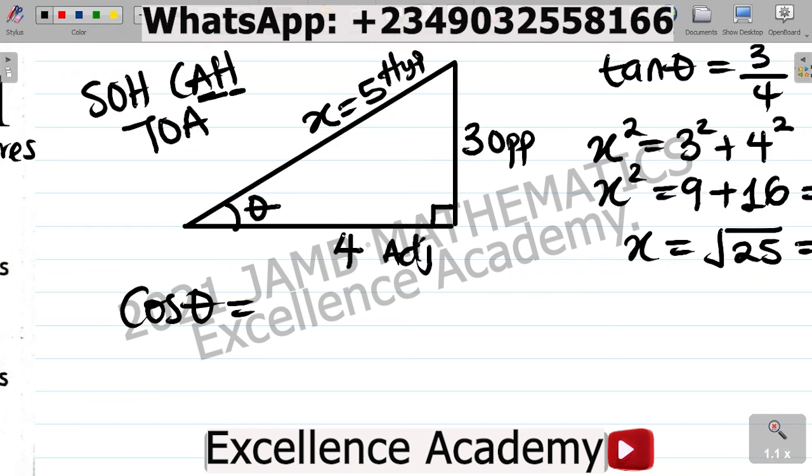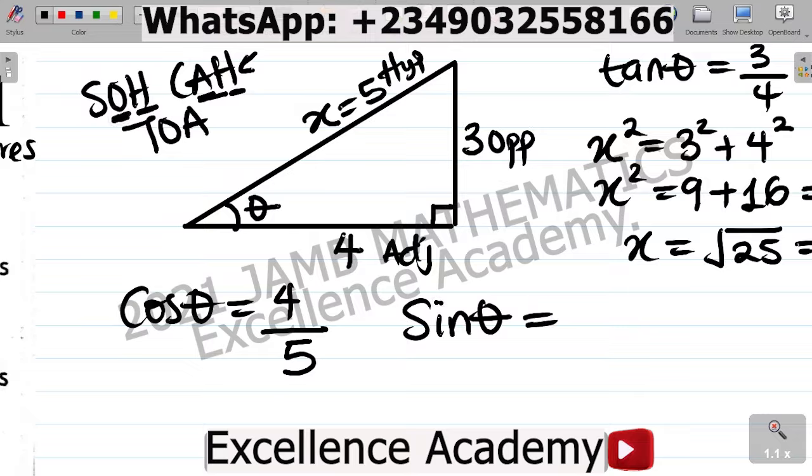So the adjacent value there is 4, becomes 4 all over hypotenuse, whose value is 5. So 4 over 5, that's cos theta. Sin theta is equal to, sine is opposite over hypotenuse. Opposite is 3, hypotenuse is 5. So it becomes 3 over 5.